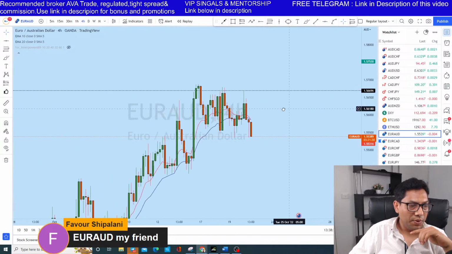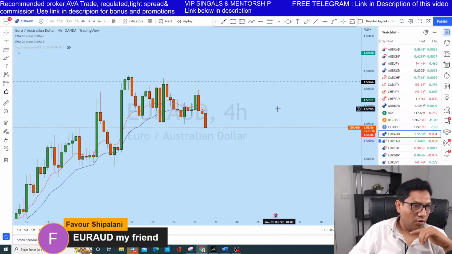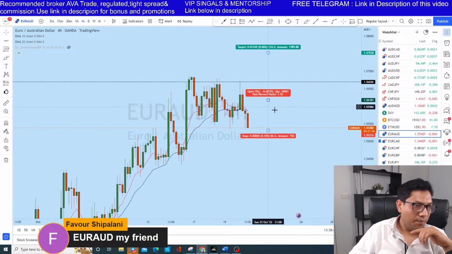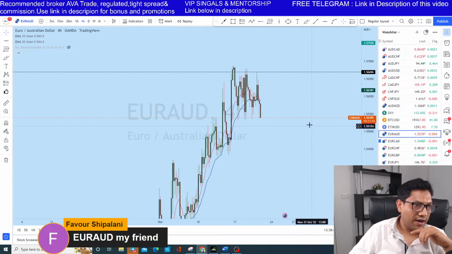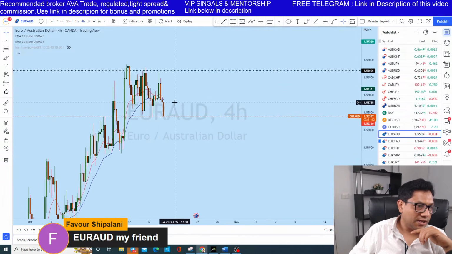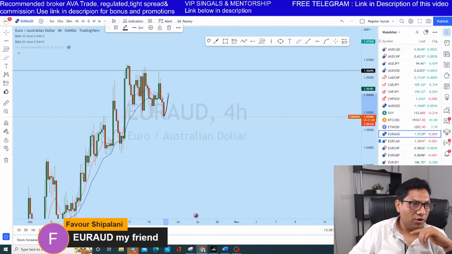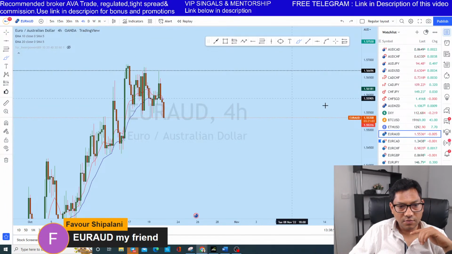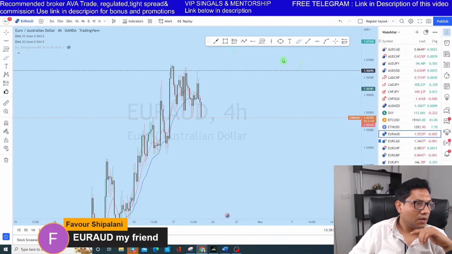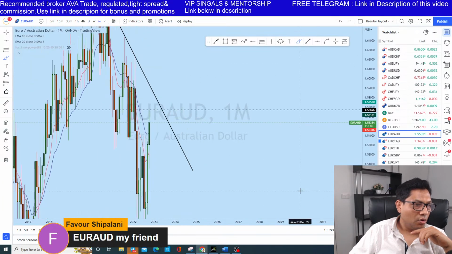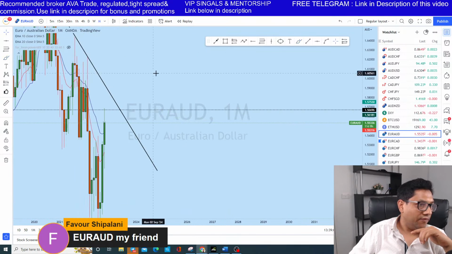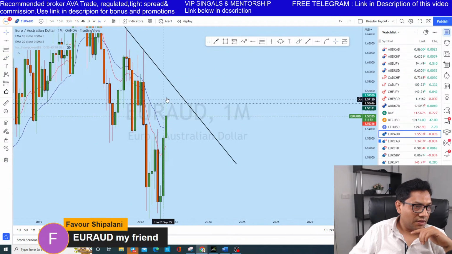So there's going to be a big stop loss. Okay, let it go up again. Euro AUD, in fact I think that we could see at some point a spike up. I think it's a reversal on Euro AUD. If you look at the monthly, this is the monthly resistance zone.